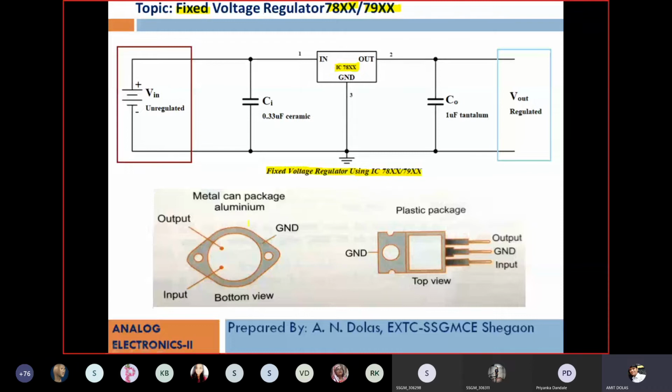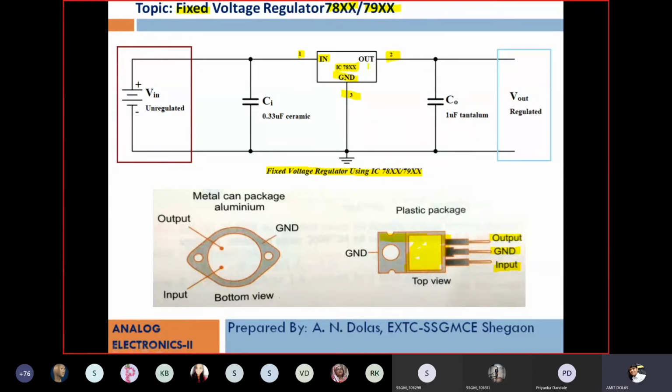IC 78XX, wherein if we see the pin numbers, pin number 1 is input. If I place this portion front side towards you, then first pin is input, second pin is the ground. Here the pin numbers have changed. Second pin is the ground and third pin is the output.